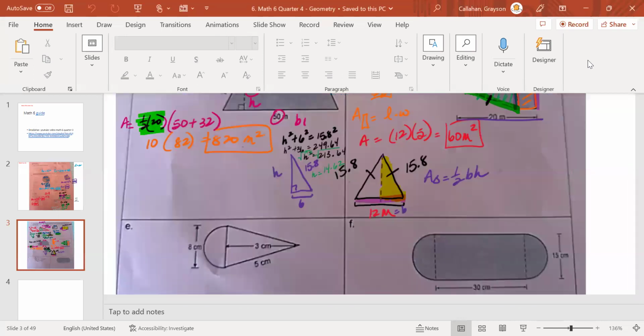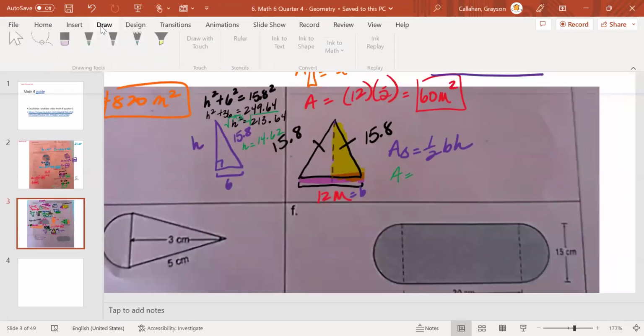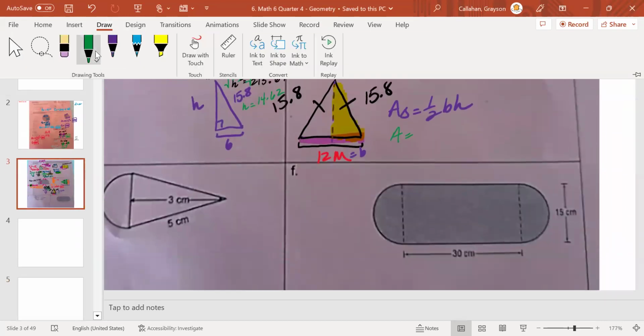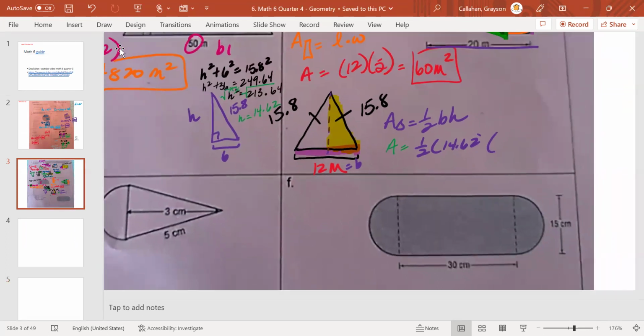All right, going back to this. So the area of a triangle is gonna be 1/2. You just found your base, 14.62 times the height. And your height, or I'm sorry, your base was 6, right?